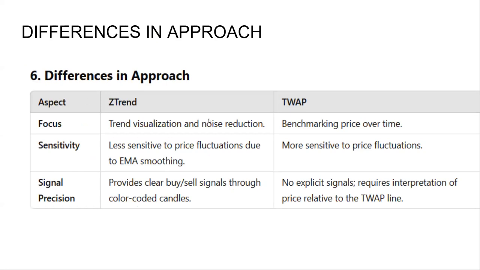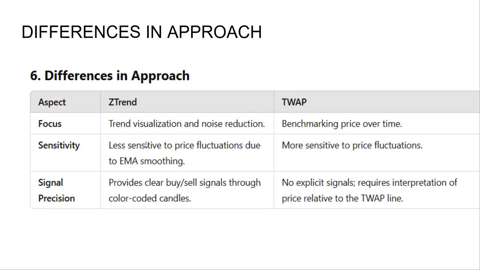Both have a difference in approach. Z trend is for trend visualization and noise reduction, and TWAP is for benchmarking price over time. Z trend is less sensitive to price fluctuation due to EMA smoothing.